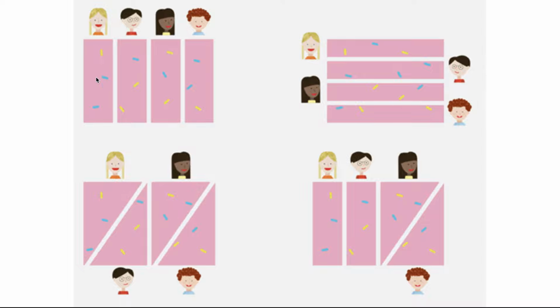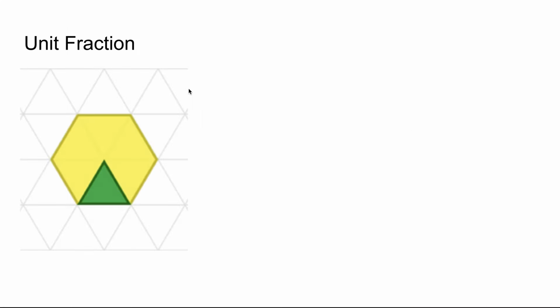So we can count how many 1/4 are there. 1/4, 2 1/4, 3 1/4, 4 1/4. So if we eliminate this part, we have only 3 pieces of 1/4. So 3 1/4, which is 3/4. Including that together, we have 4 1/4. That makes one whole.